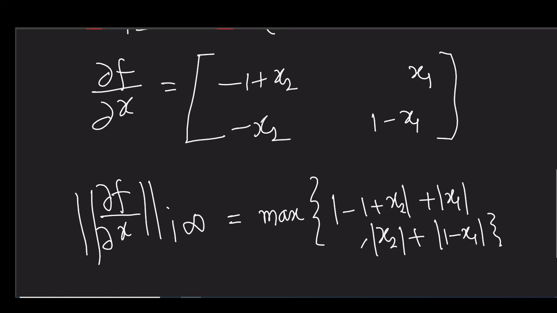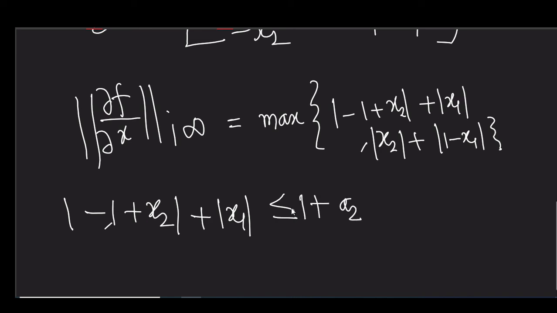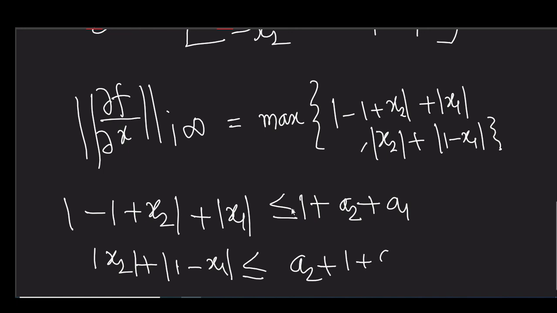right? So if this is the case, then all the points in W that satisfy minus 1 plus x2 plus x1 is less than or equal to 1 plus a2 plus a1, and absolute value of x2 plus 1 minus x1 less than or equal to a2 plus 1 plus a1.